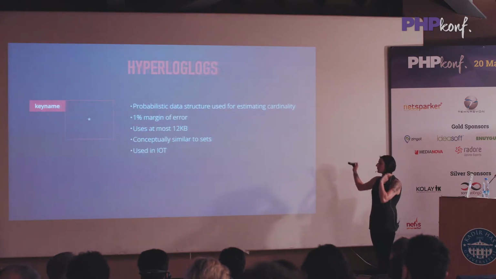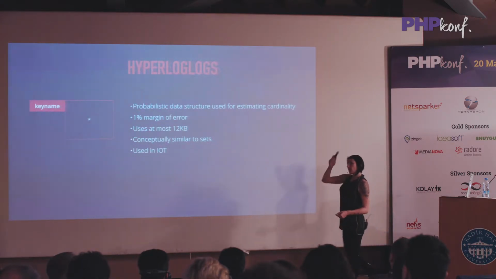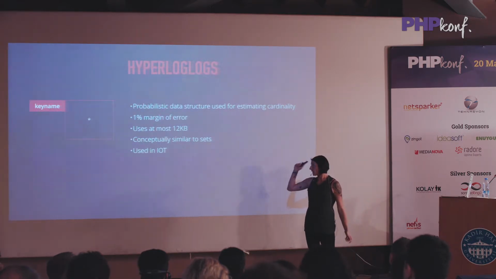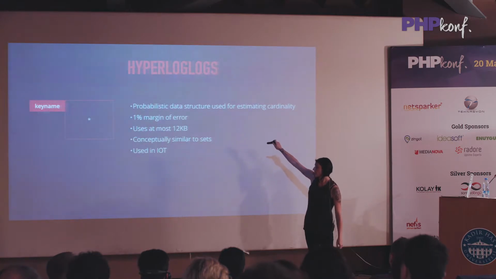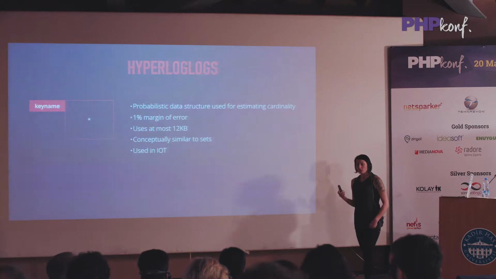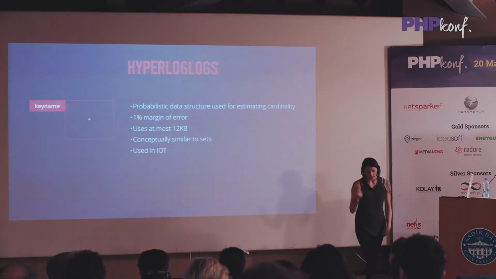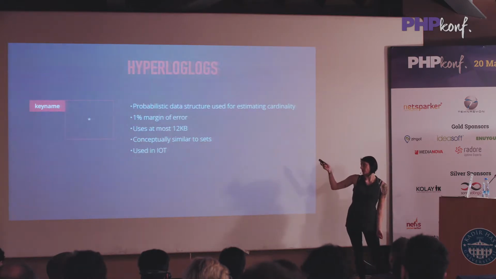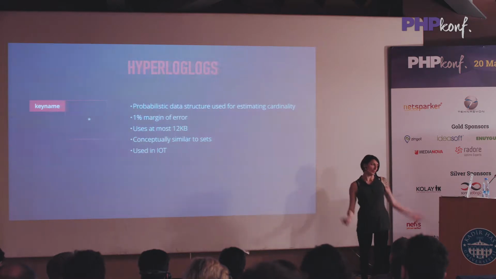There is a 1% margin of error, and it handles a lot of data. It can estimate the cardinality of huge sets of data using at most 12 kilobytes. It uses algorithms that save us a lot of memory, but compensate with this 1% margin of error.